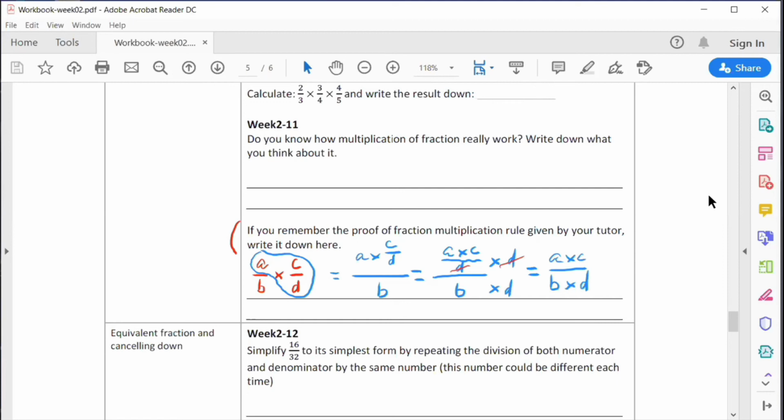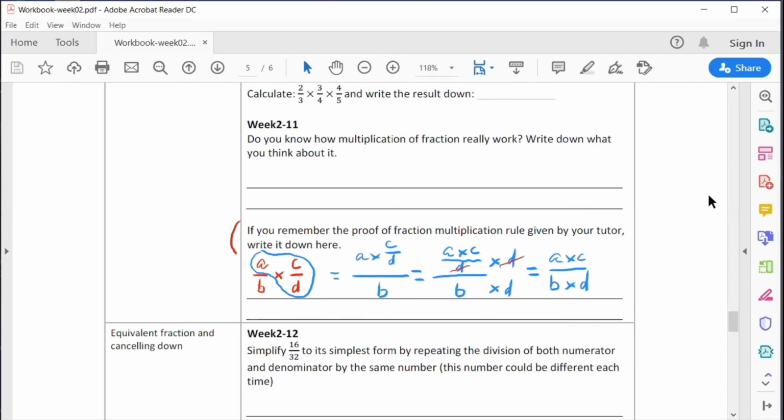That's the proof. So again, it confirmed that when you times the top with the top and the bottom with the bottom, it's actually just a shortcut. That's what we do all the time.